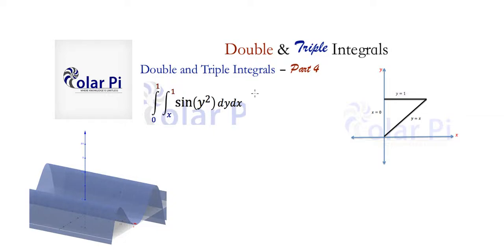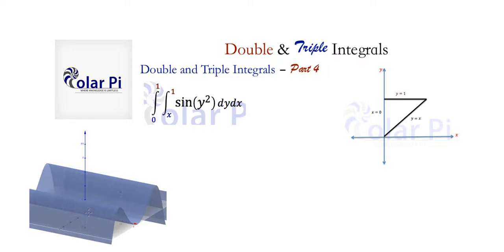But since we want a number out of this double integral, we can't throw x to 1 over here. We have to be a bit more thoughtful about these limits of integration as we change this from dy dx to dx dy. The way that it's written, the region over which we're integrating the surface sine of y squared is this region right here.